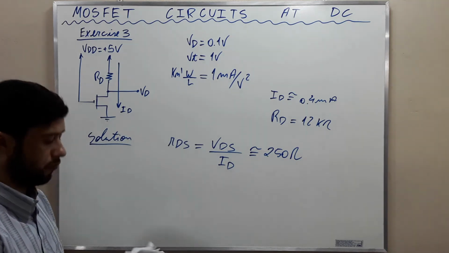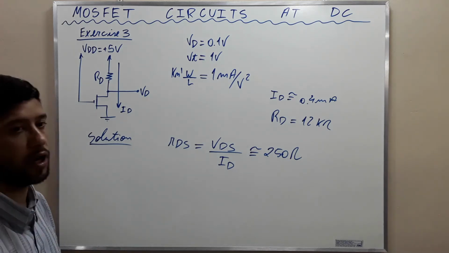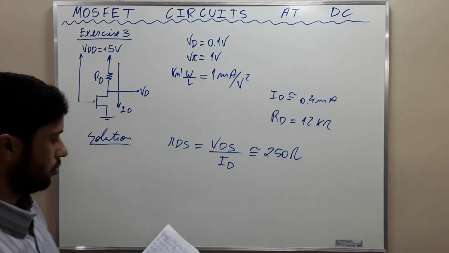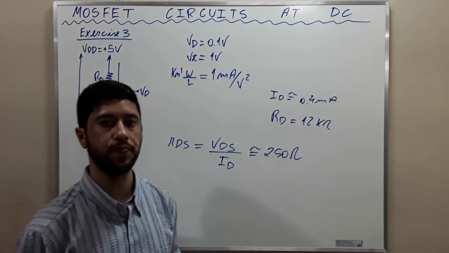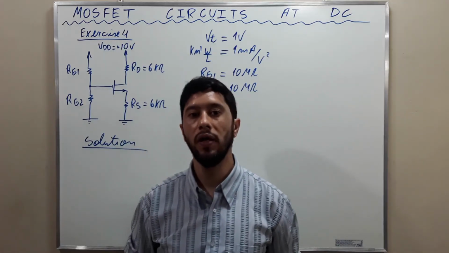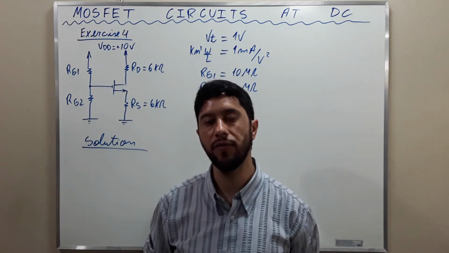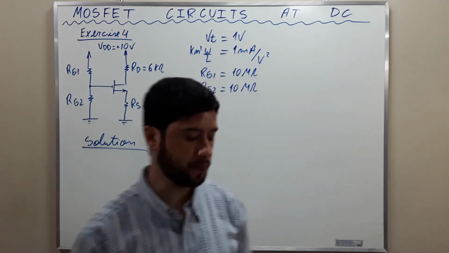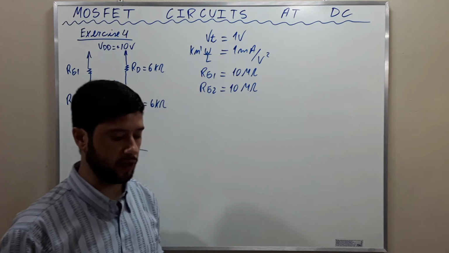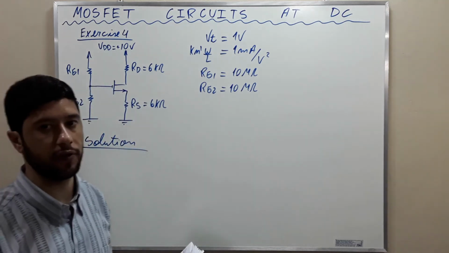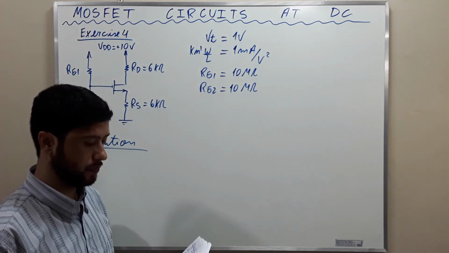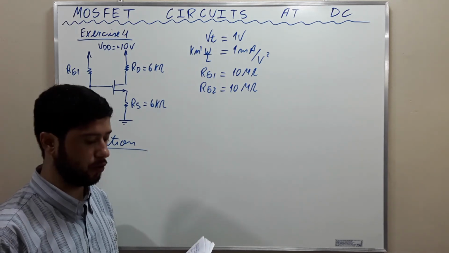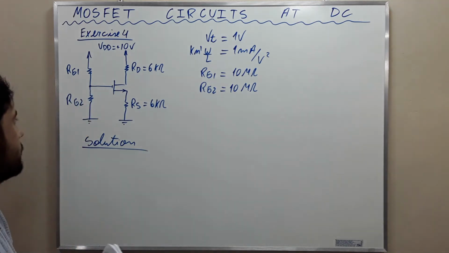Okay, my friends, this is the solution of exercise 3. Now we can go to the last one, exercise 4. Now let's go to the last exercise. Exercise 4. Analyze the circuit of the figure to determine the voltages at all nodes and the currents through all branches.